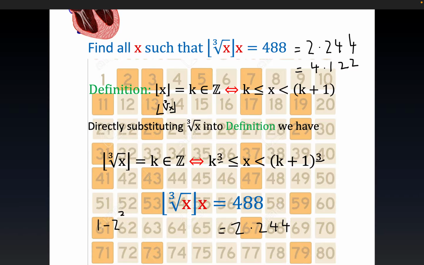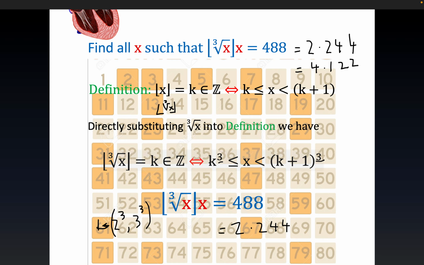But that would happen on the interval, no wait a minute, that's not right. Sorry, let me erase this. It would happen on the interval 2 cubed to 3 cubed. Any number between 2 cubed and 3 cubed would have a floor of 2 based on this definition up here.